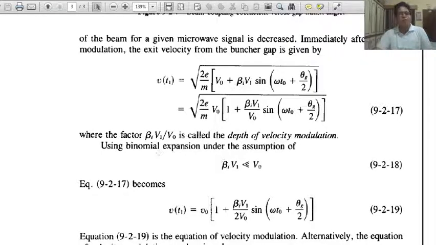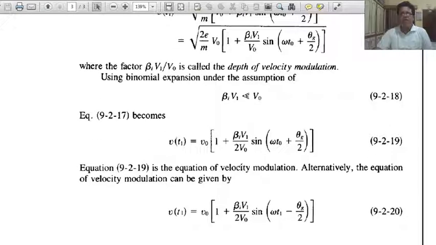Using binomial expansion, if beta I V1 is less than V0, then this expression becomes Vt1 equal to V0 times 1 plus beta I V1 upon twice V0 sin omega T0 plus theta z upon 2.